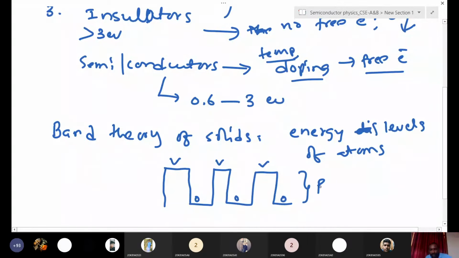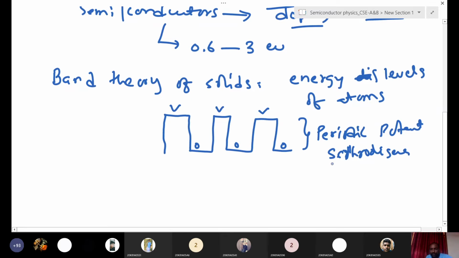Using this periodic potential, they solved the Schrodinger wave equation, derived the expression for energy levels, and determined the energy levels of an atom.